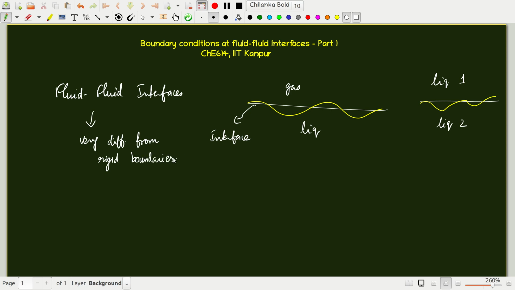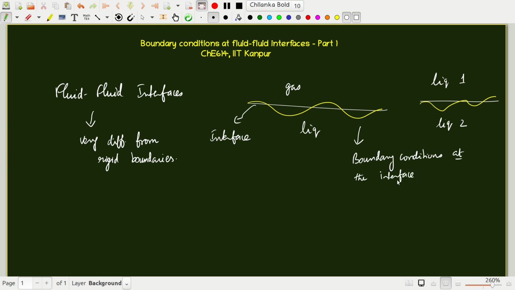So we will see that most of the instabilities that occur in fluid interfaces crucially depend on the boundary conditions that are applied at the fluid interface. So we need to supply boundary conditions at the location of the interface.